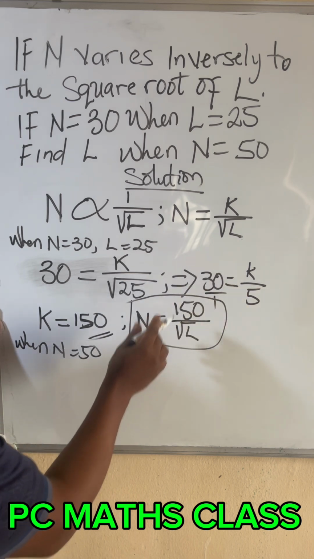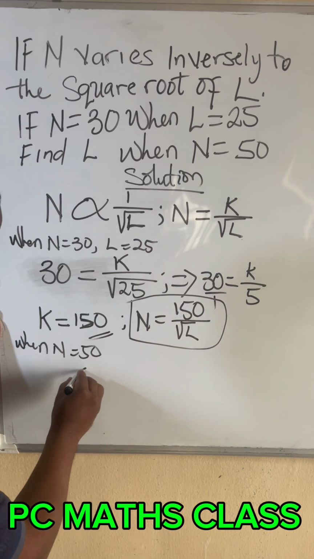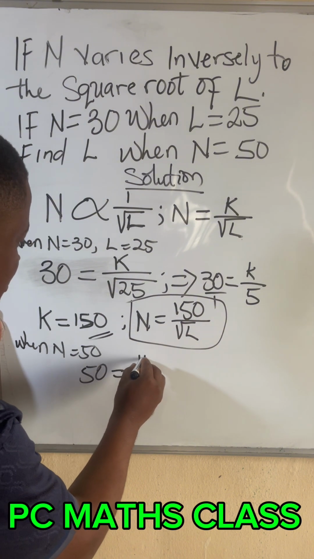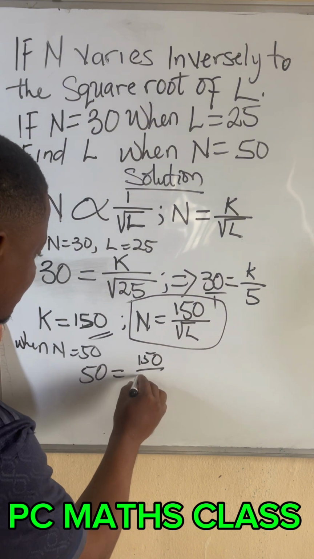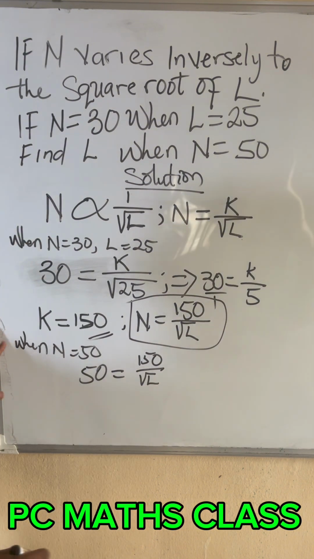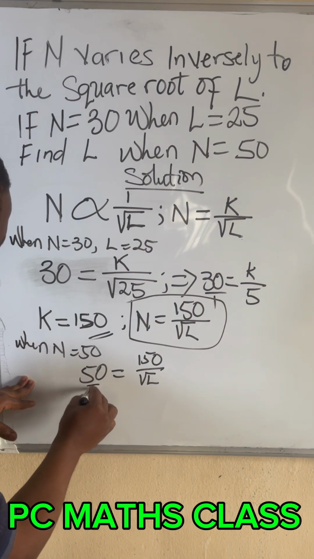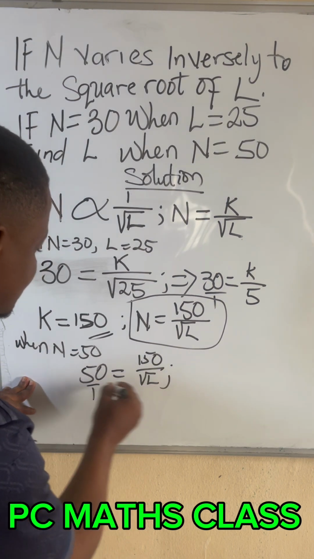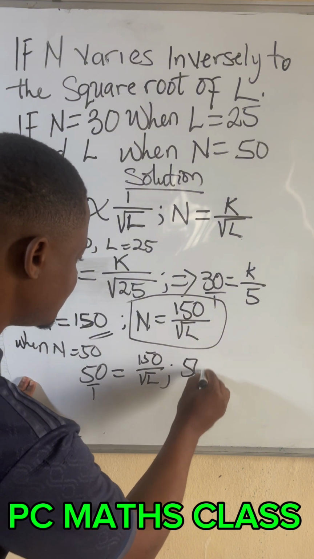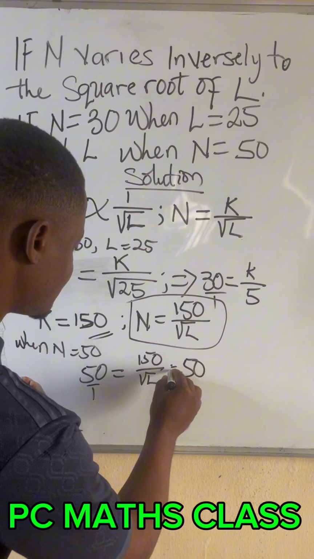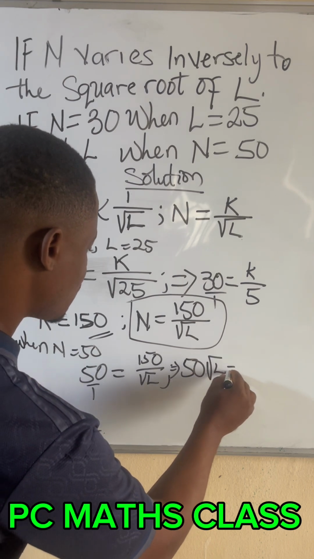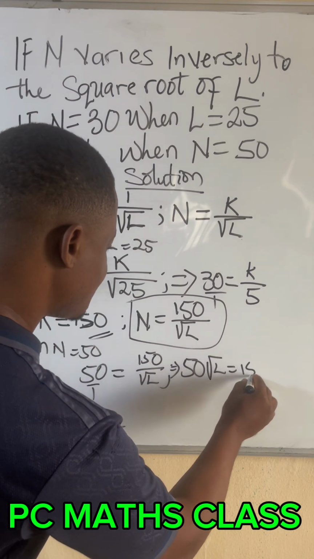We have that n, 50, equals k, 150, divided by the square root of L. We cross multiply because this is over 1. If we cross multiply, we have that 50 root L is equal to 150.